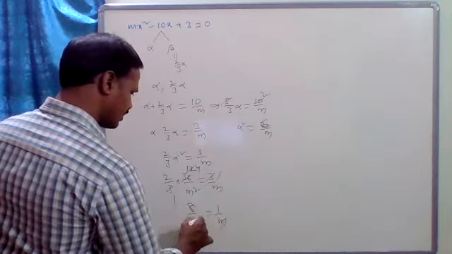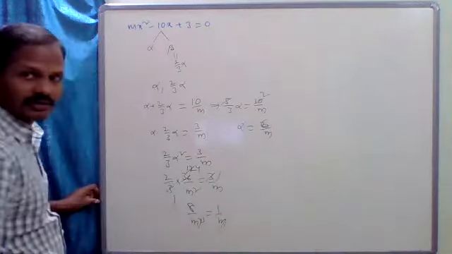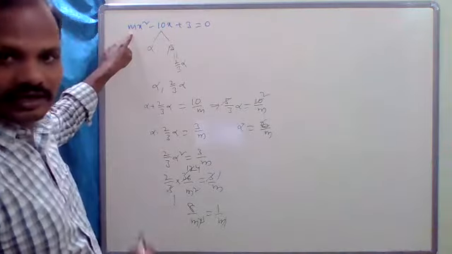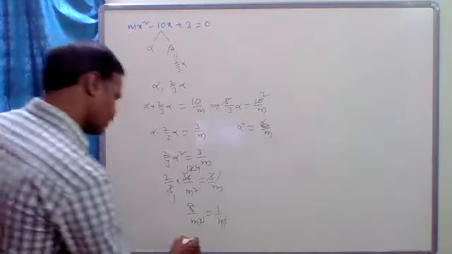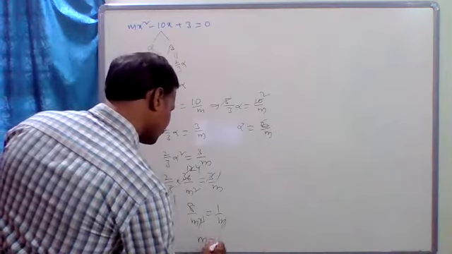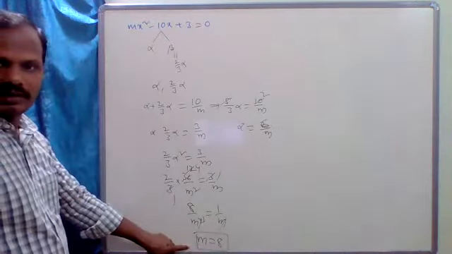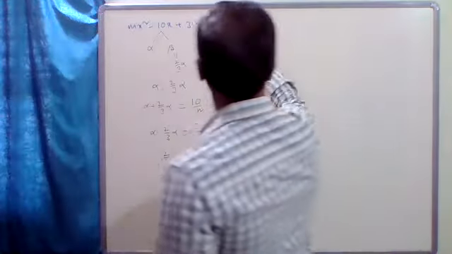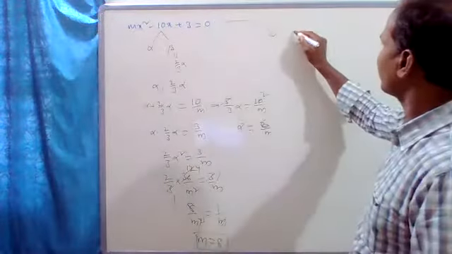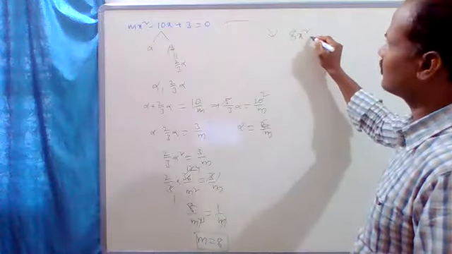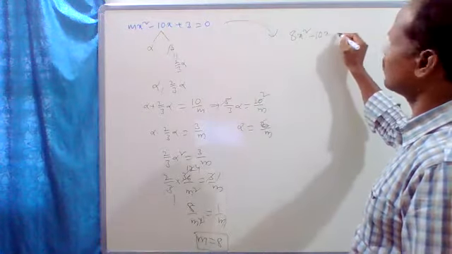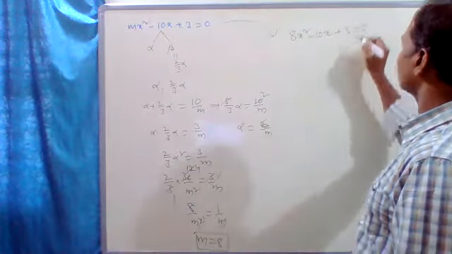So 1/m will be cancelled because m is not equal to 0. Because if m equal to 0, then it is not a quadratic equation. So that means m equal to 8. Then the equation becomes 8x square minus 10x plus 3 equal to 0.